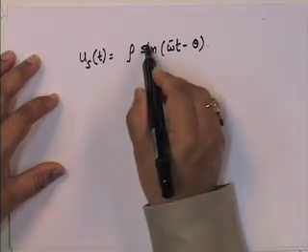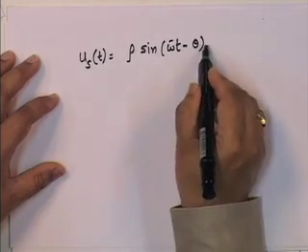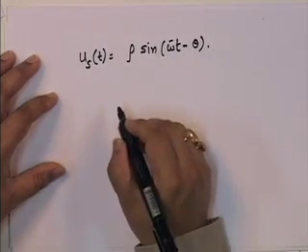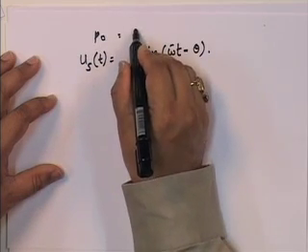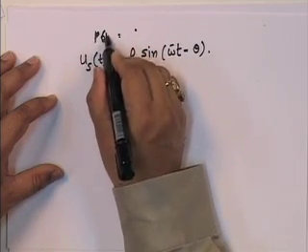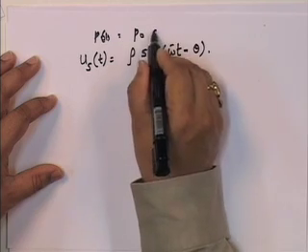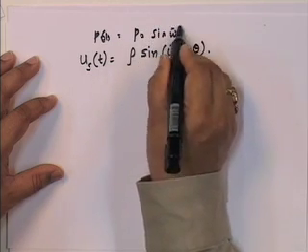Of course, P of t is P naught sine omega bar t.